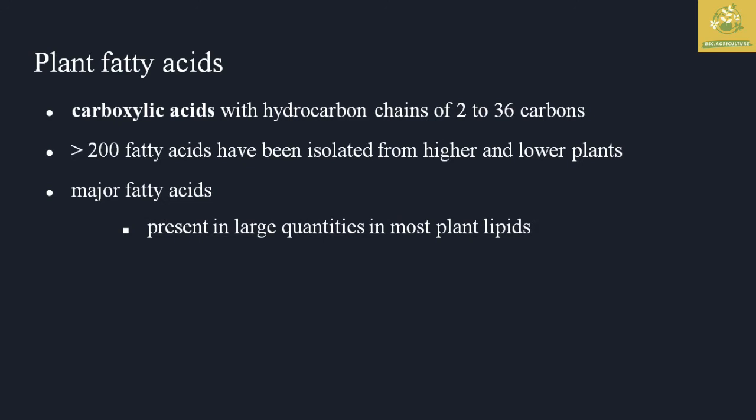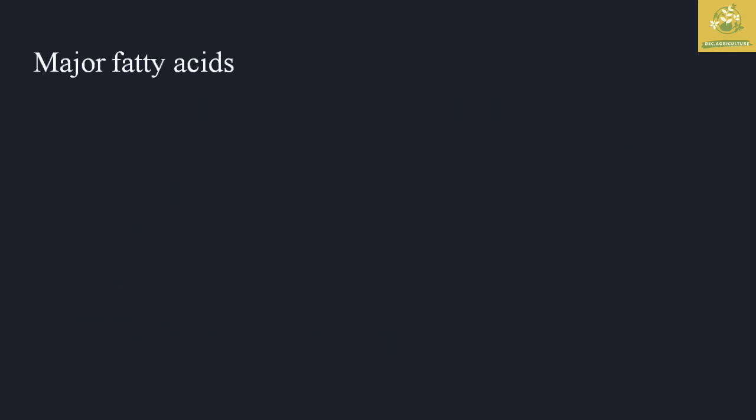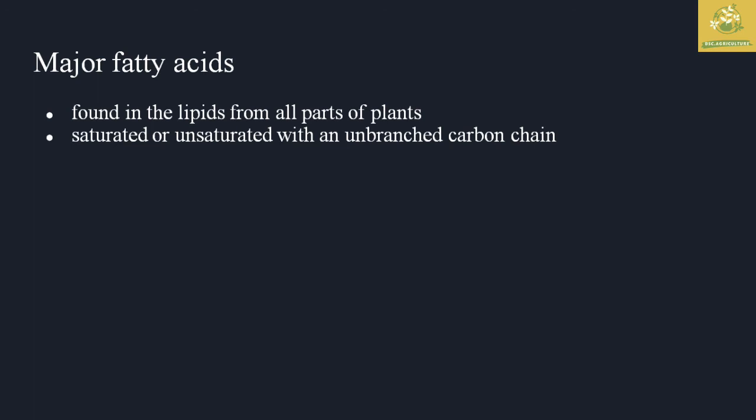The major fatty acids are found in large quantities in plant lipids, the minor ones are found only in smaller proportions, and the unusual ones are found only in specific plant species. The major fatty acids are found in all parts of the plants, and they are saturated as well as unsaturated with unbranched carbon chains.